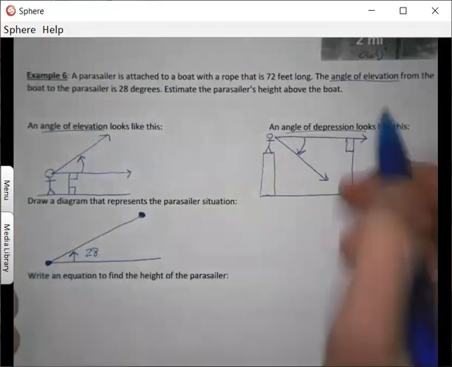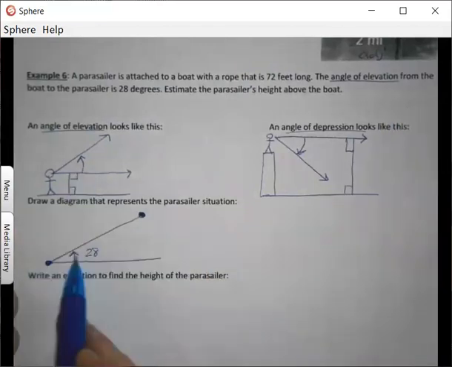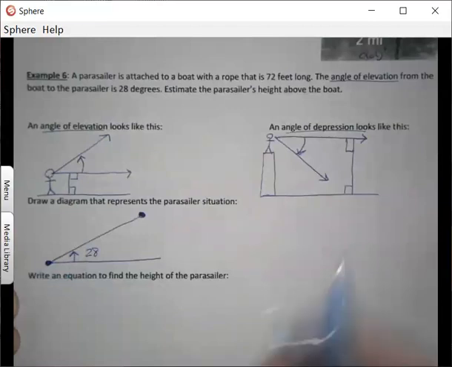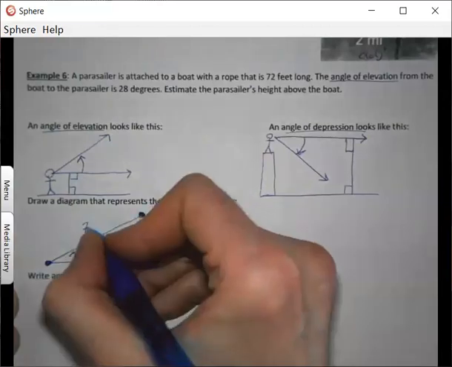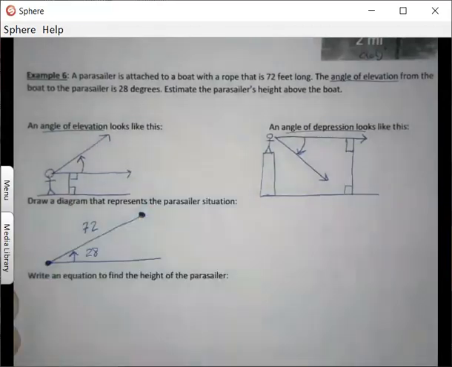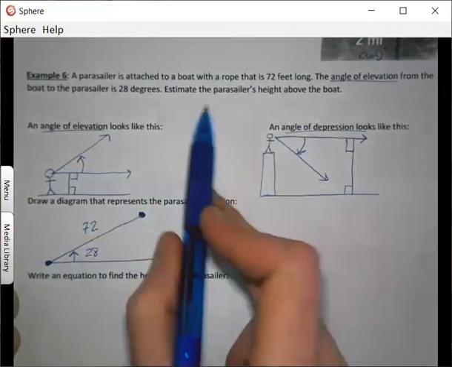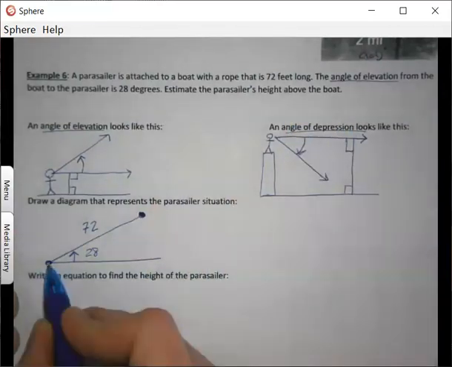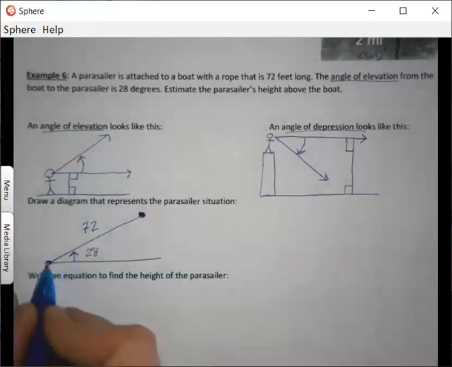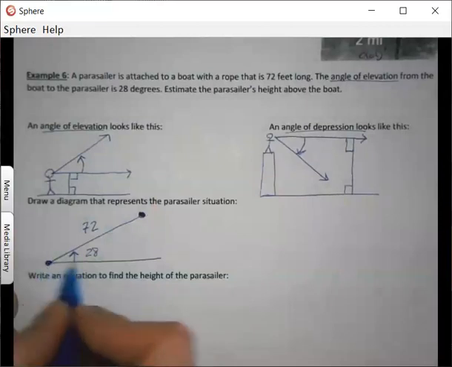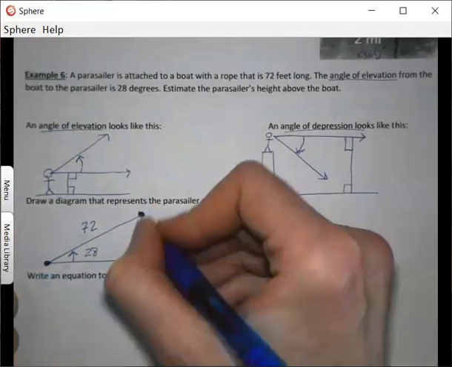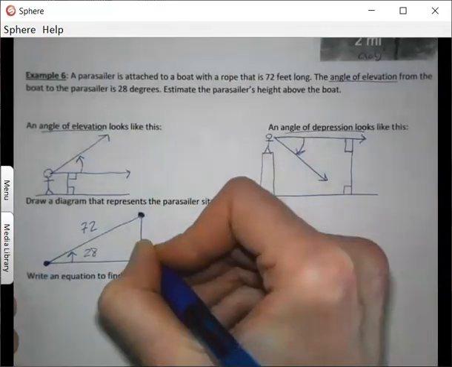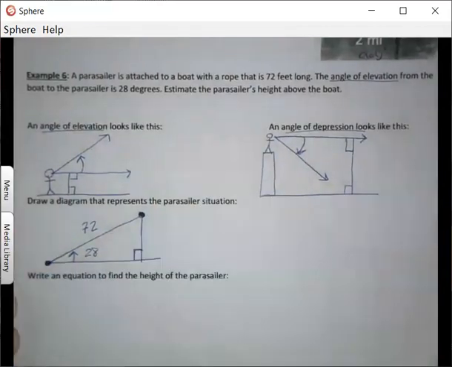Right? Angle of elevation. So the rope is 72 feet long, and we want to know the parasailer's height above the boat. If this is our reference point, this is flat. Our height, by definition, is at a right angle.